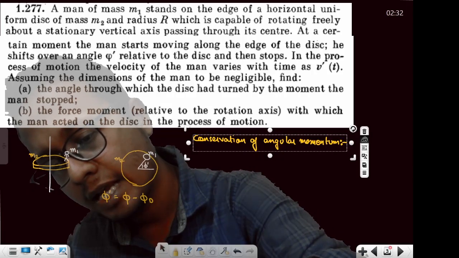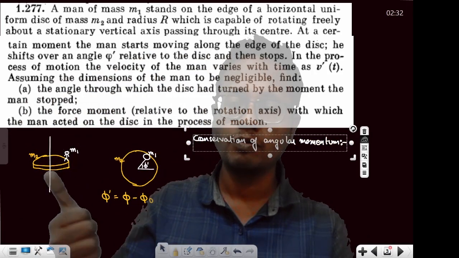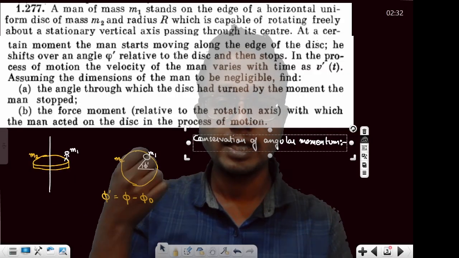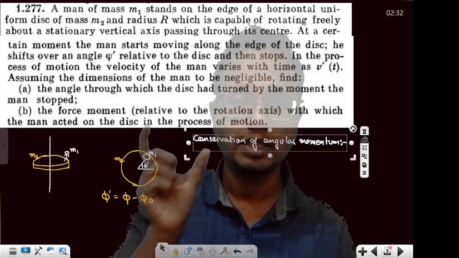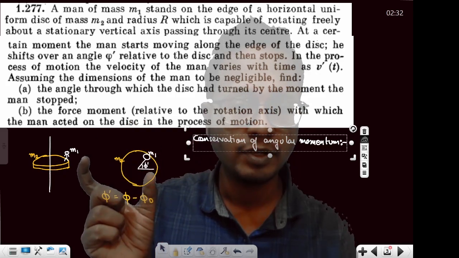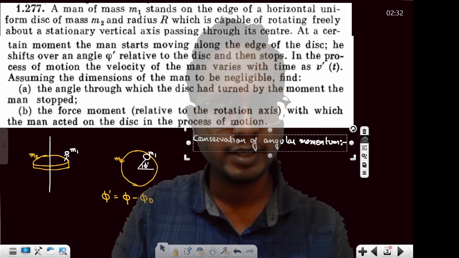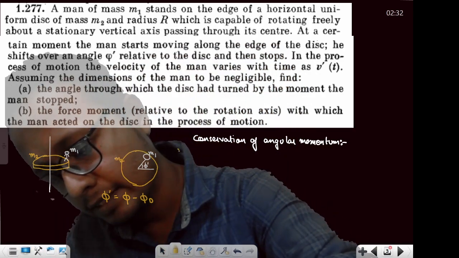See, if the angular momentum of the system was 0 through the entire process, the angular displacement of the system, not the angular displacement of individual bodies, but of the entire system throughout the entire motion, would be 0, isn't it?